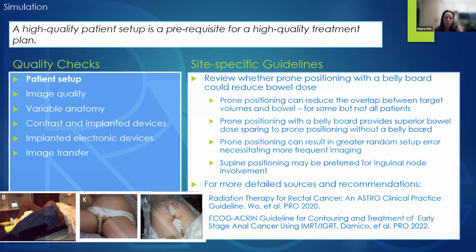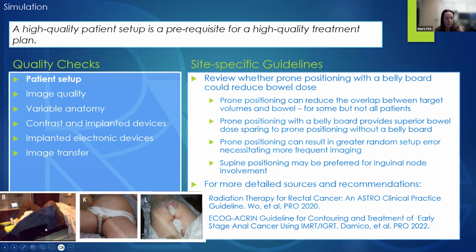The overall recommendation from the rectal cancer group was that prone positioning with a belly board can help to reduce bowel dose. And the overall recommendation from the ECOG guideline for anal cancer was that supine positioning can be better. So those are great resources that weigh the pros and cons of those positions.